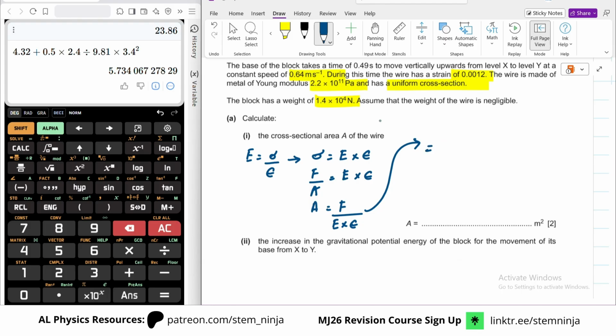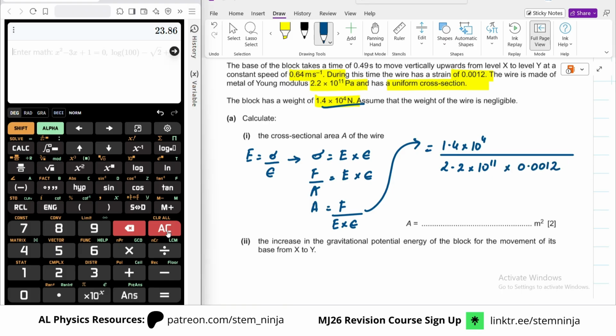So force is equal to the weight, tension 1.4 times 10 to the power 4, divided by Young's modulus 2.2 times 10 to the power 11. Strain is 0.0012. So 1.4 divided by 2.2 divided by 0.0012 times 10 to the power 4 minus 11. So 1, 2, 3, 4, 5.